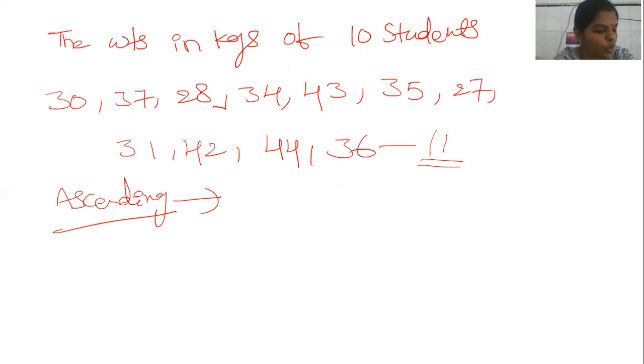Therefore, there is only one middle item, whose value is 35. Hence, the median weight is 35.